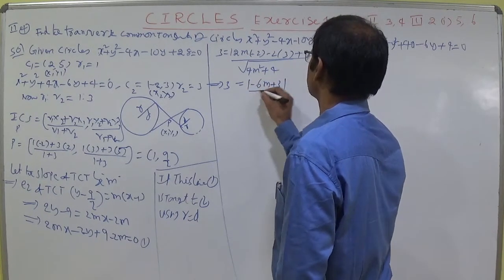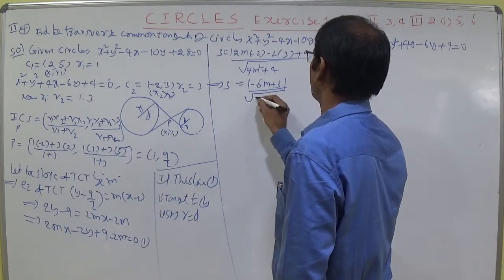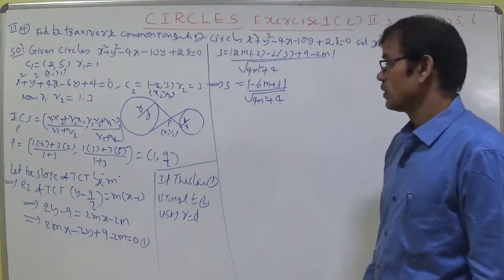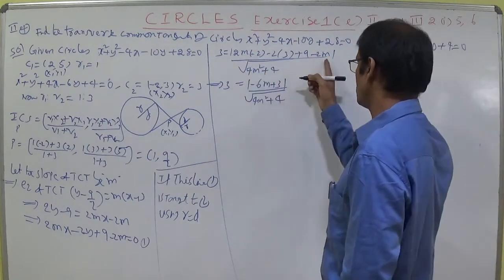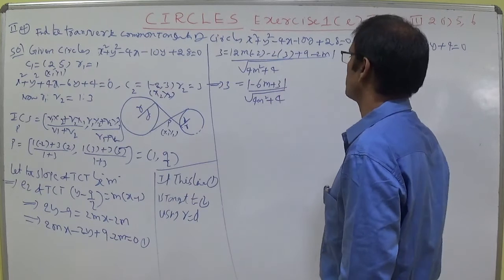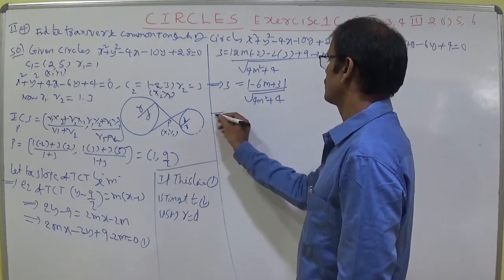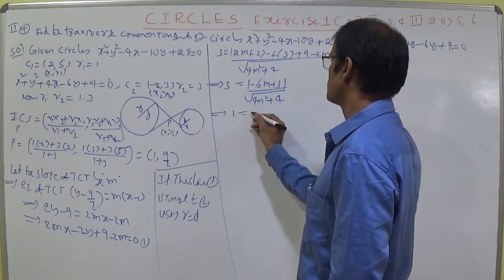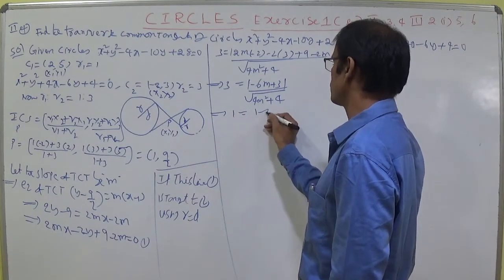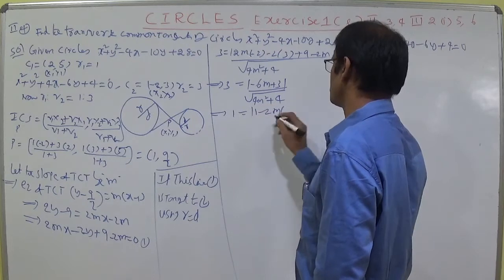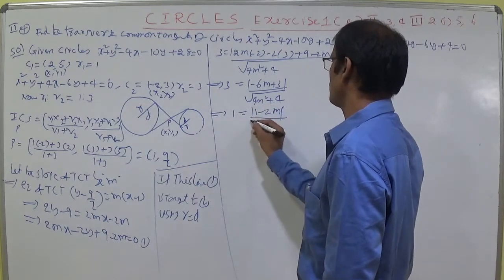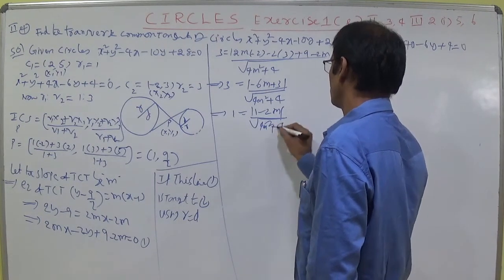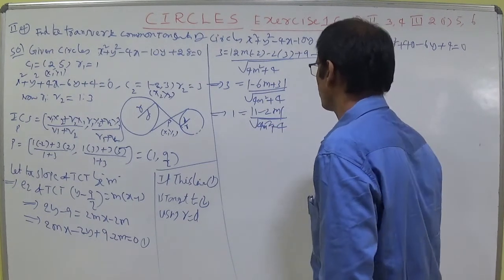Minus 6m plus 3 by root of 4m square plus 4. You can take common 3, then it becomes 1 is equal to modulus of 1 minus 2m by root of 4m square plus 4.